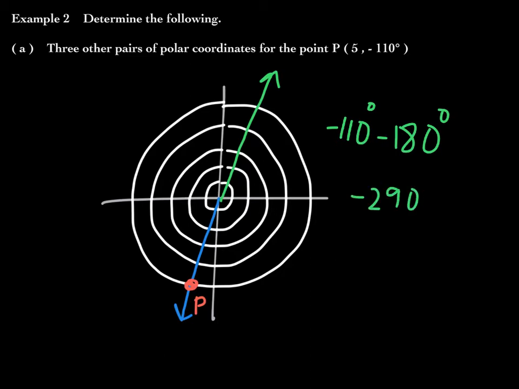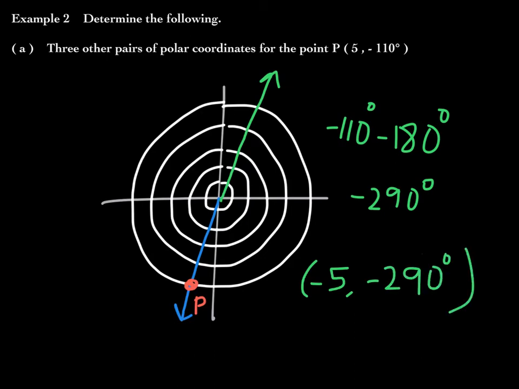That would give us negative 290 degrees. There it is. Okay, so this is negative 110, negative 290. But let's make sure we go negative 5 units. So we want to go in the opposite direction there. So here's a third pair. Negative 5 and then negative 290 degrees.